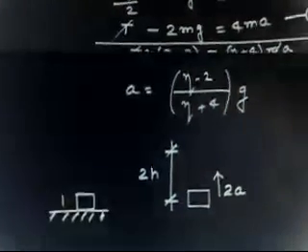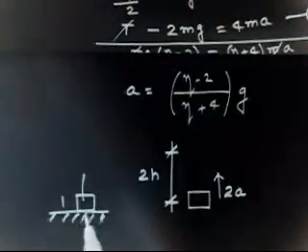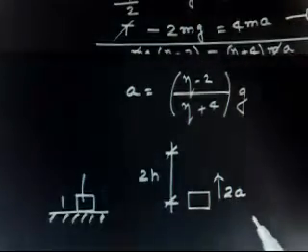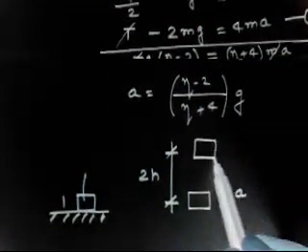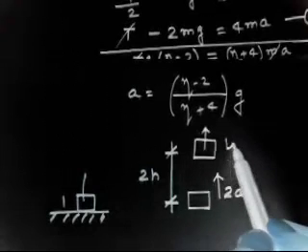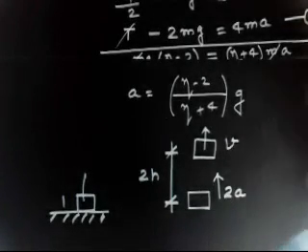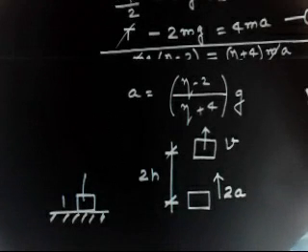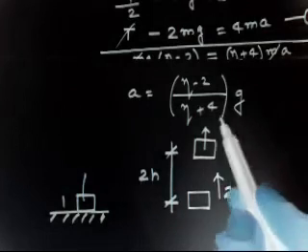Once this is on the surface, the tension will be 0. So there is no tension, and once the tension is 0, this acceleration will basically vanish. At this point of time, this block will gain some velocity. Are you getting? Due to this velocity, this will again go some more height, that is v square by 2g. So we have to find what is the extra height gained by this object.